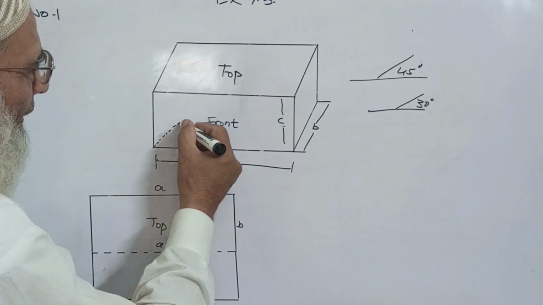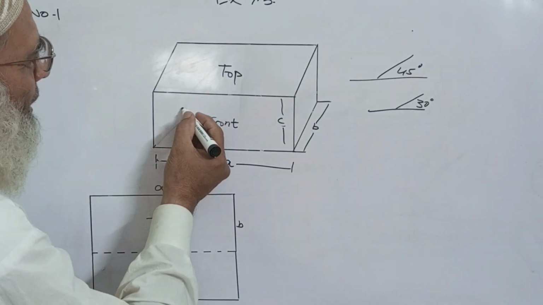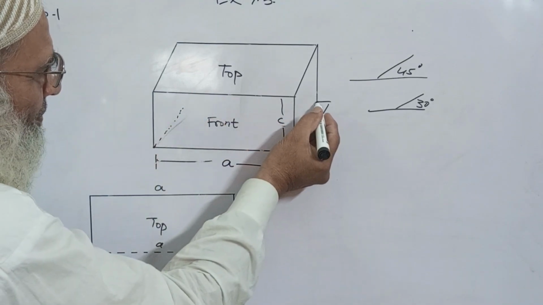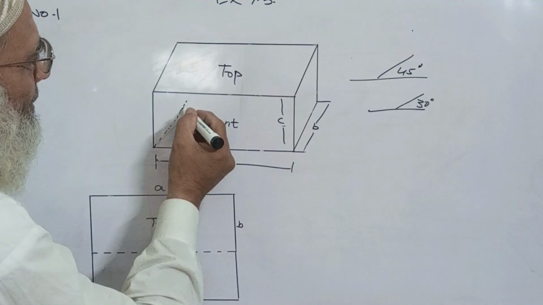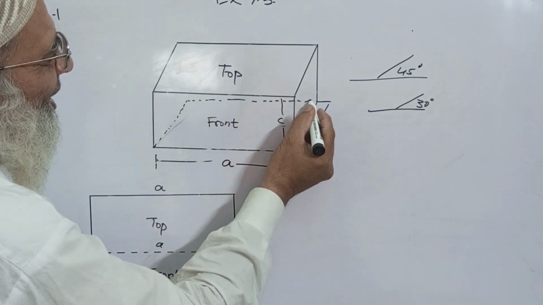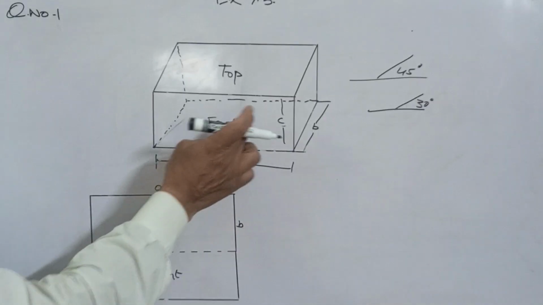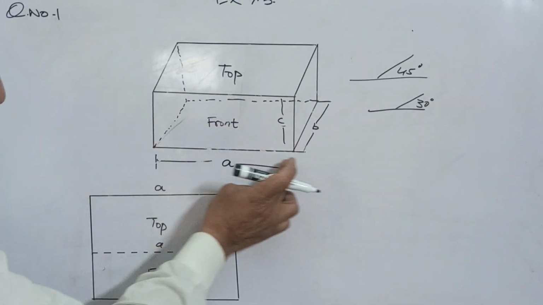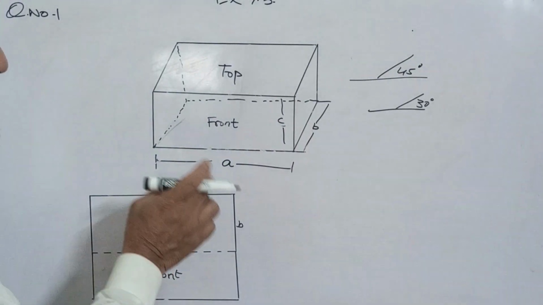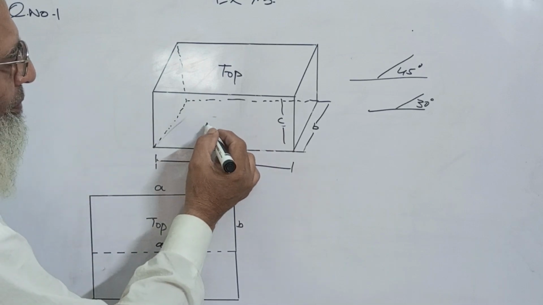I'll draw a dotted line over here with the same angle, and I'll meet this over here and the height over here. Now this half dotted, half full line shows us that this is the base. Now let me do the base.